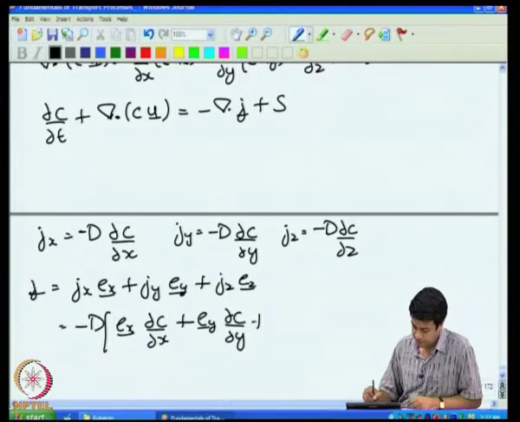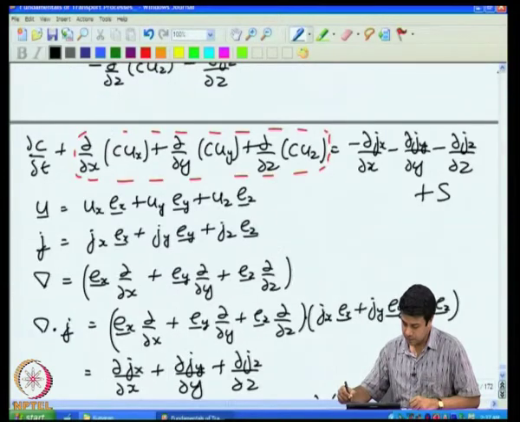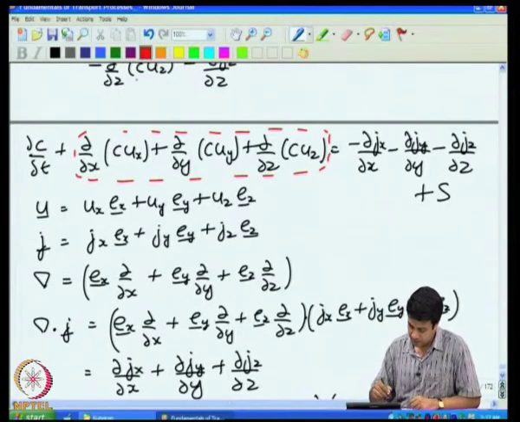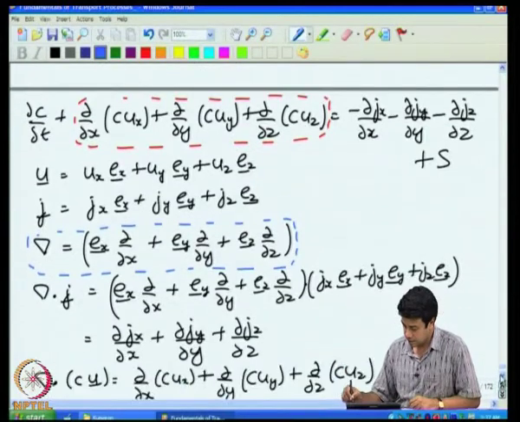Okay, it is basically equal to minus D times the gradient of c, where the gradient operator is what I had defined for you earlier. Okay, this is the gradient operator, Ex d by dx plus Ey d by dy plus Ez d by dz.